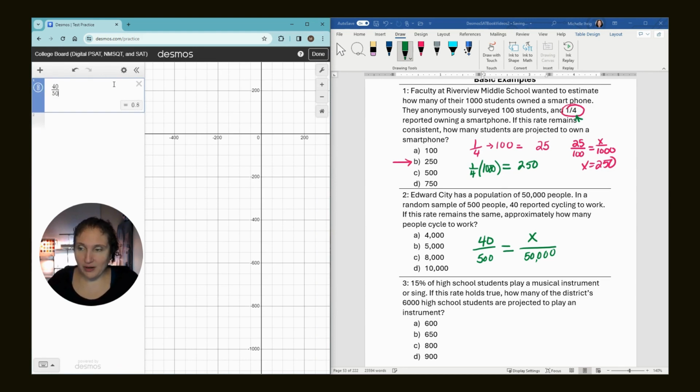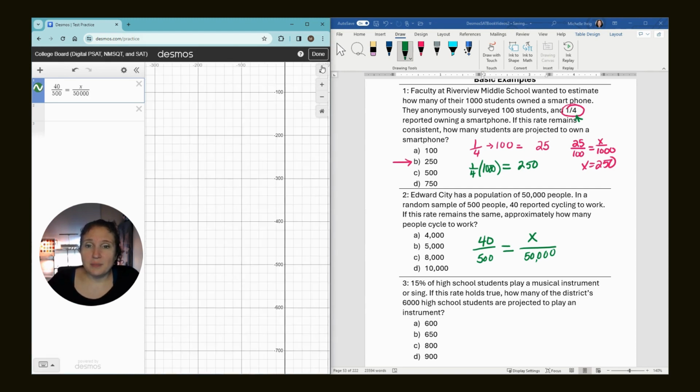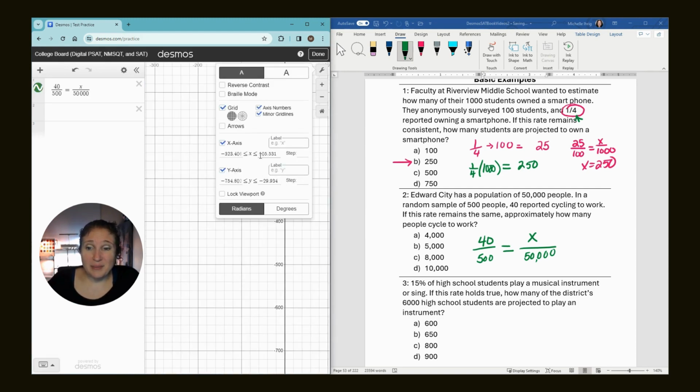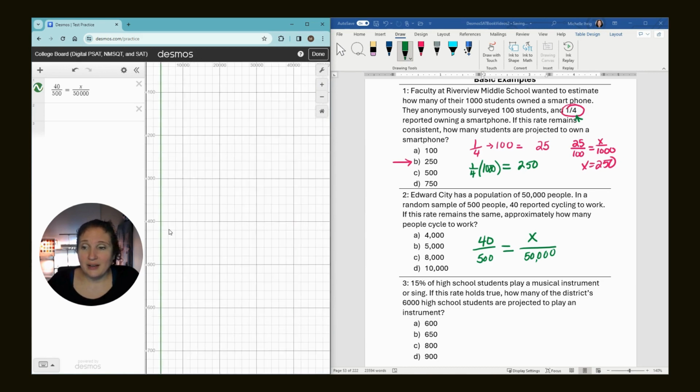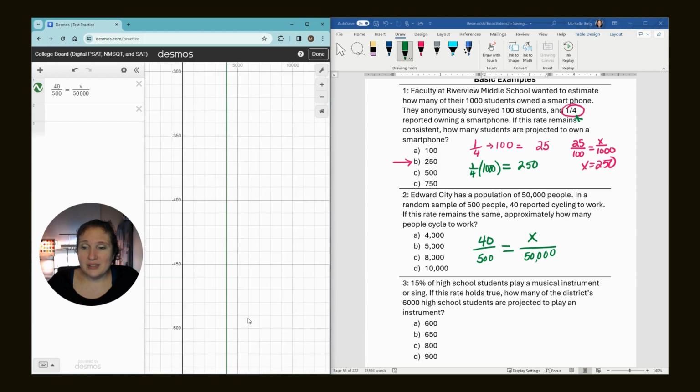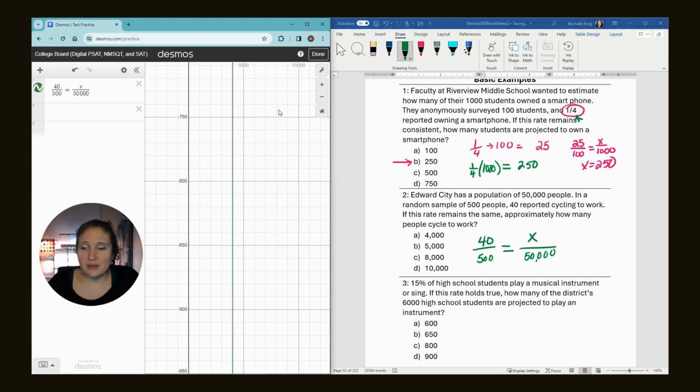We have 40 over 500, so 40 people cycle out of 500. And we are going to do another division. We don't know how many out of the 50,000. If you want, I would click the gear, and I would just make my X value say 50,000. Even though we know we don't have to go that high, it'll be easier to see what our number is.